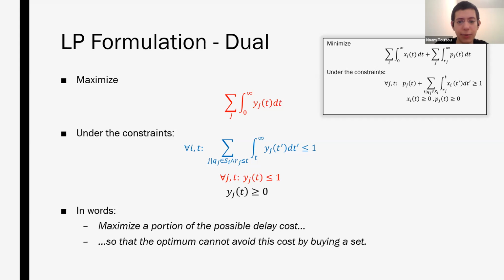So what this blue constraint means is that you can't charge at any time t a future delay after time t of requests released before time t, which are in a specific set. That is because the optimal solution can avoid that cost by buying the set at t, serving all of those requests without incurring the delay. So this total charge cannot exceed the cost of Si. This is just for some intuition on the fractional algorithm.